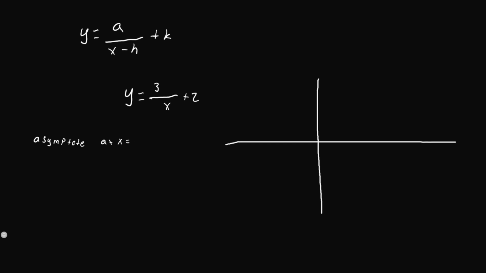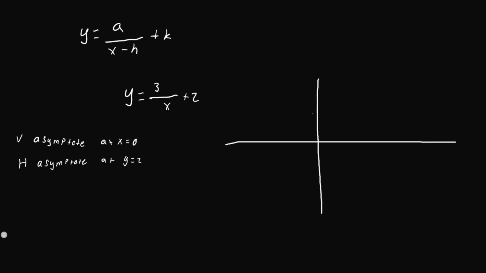And we're going to write the vertical and horizontal asymptote at y is equal to 2.